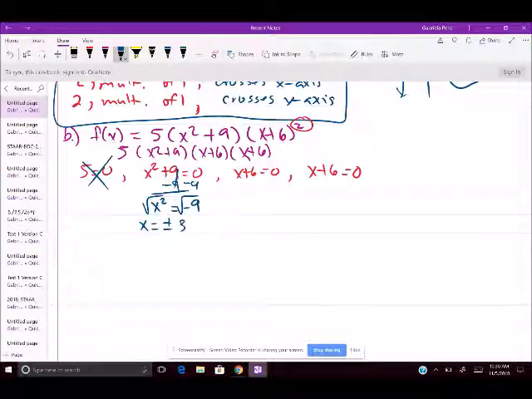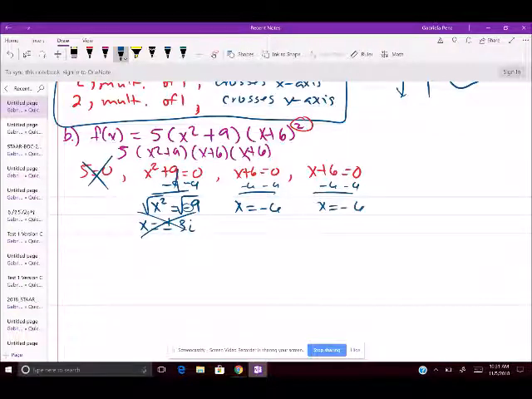Why is it a 3i? Because it has that negative. Now, 3i is what type of number? Imaginary. So guess what? That's not even going to be an answer that I could find on the graph. Now here I subtract 6, so x equals negative 6. Subtract 6, so x equals negative 6.